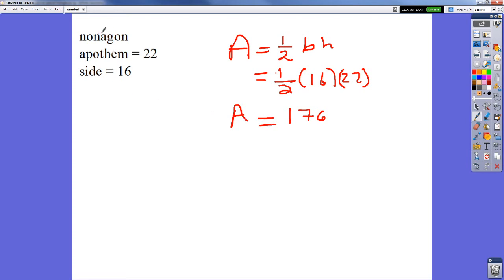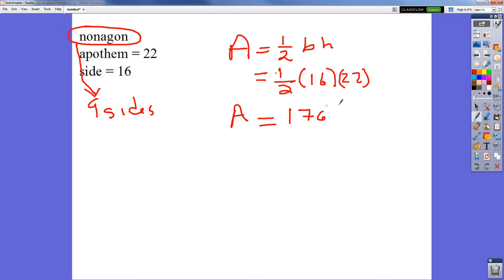And so now, it tells you that this is a nonagon. And a nonagon has 9 sides. 9, right? Kind of looks like a G. I don't know, let's clean that up. There we go.